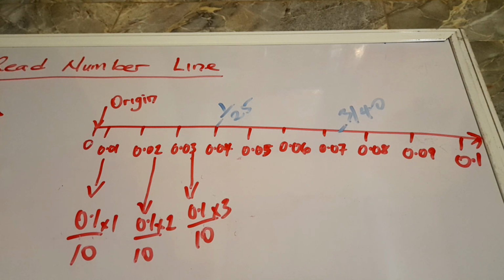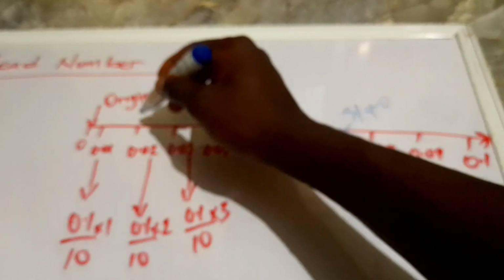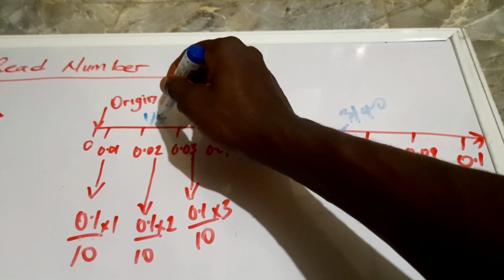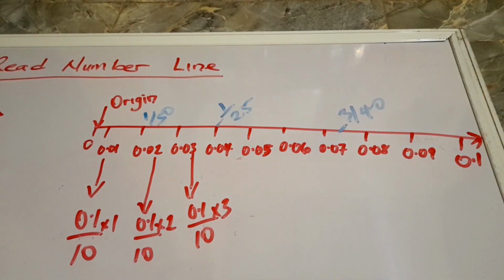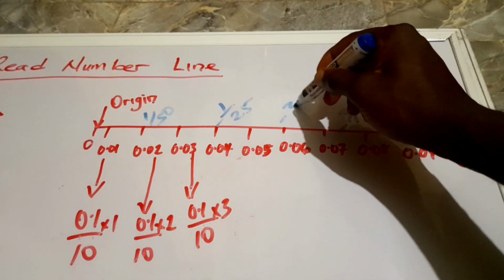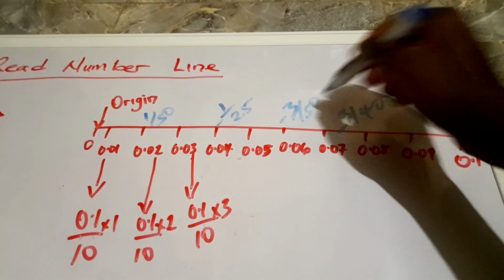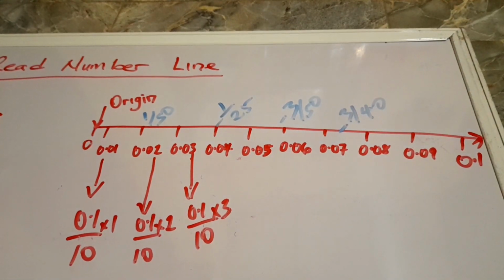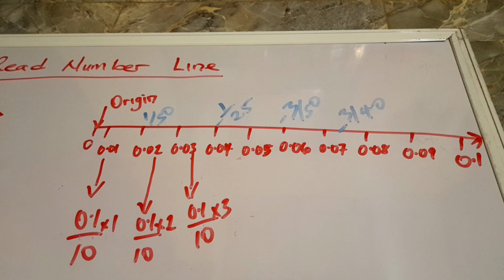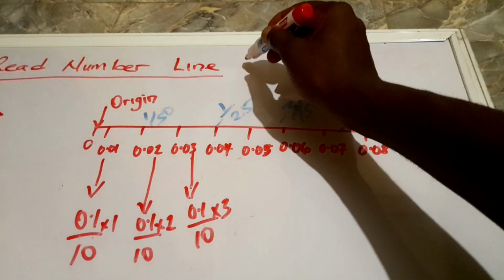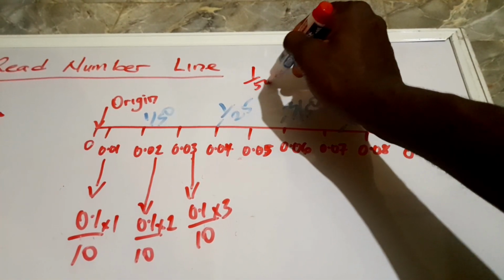That is 1 over 50. 1 over 50 is here. And then the last one, 3 over 50, is 0.06. That's 3 over 50 on 0.06.